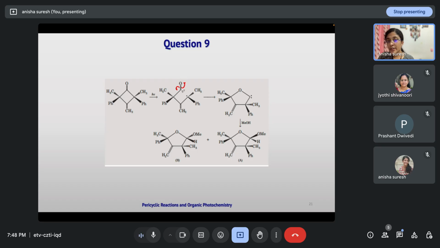So here O dot and here double dot will be forming. Then that O dot can recombine with this, leading to formation of this compound. Actually, they have drawn it a little rotated. If cleaving is taking place in this direction and it is recombining, that is the product they have given here.